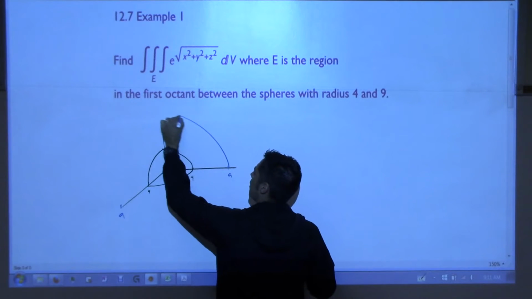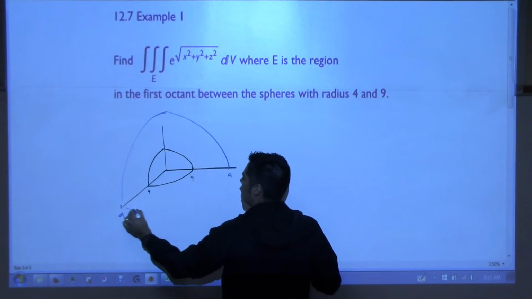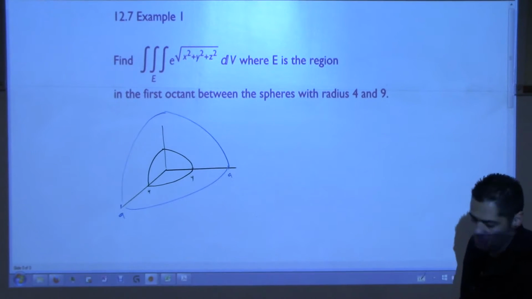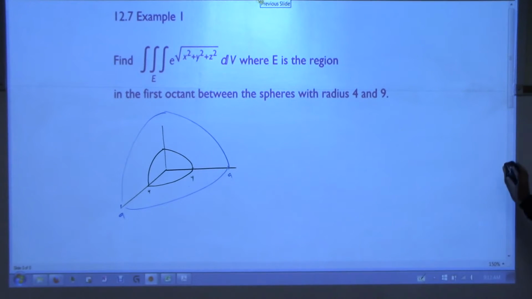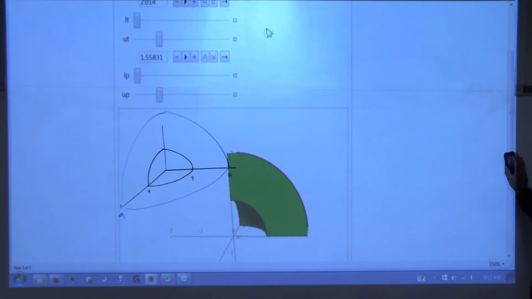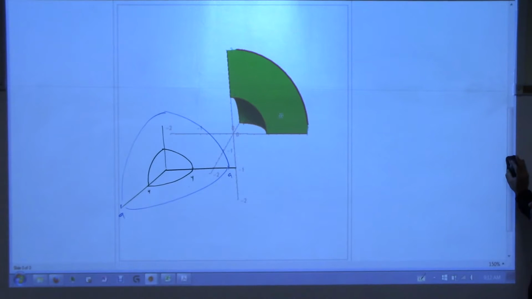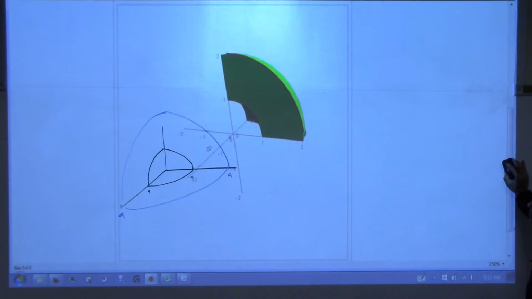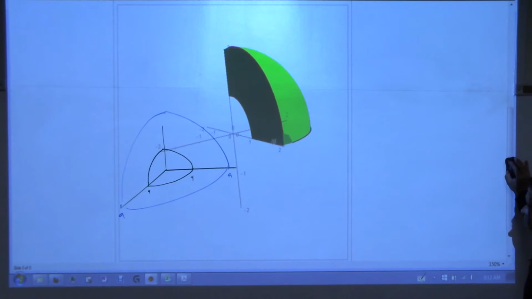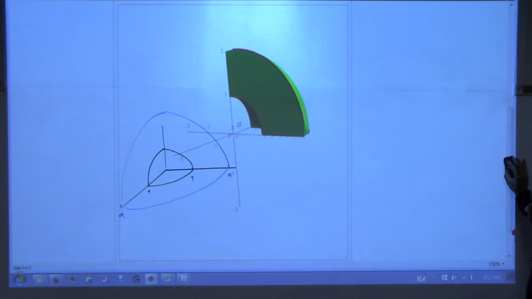So it's going to go like that, and it's the region between the two. This is very close to the picture I showed you a second ago, except in that picture the radii were 1 and 2. Here it's 4 and 9. So it's this picture with that scooped out piece. It's the stuff in between.